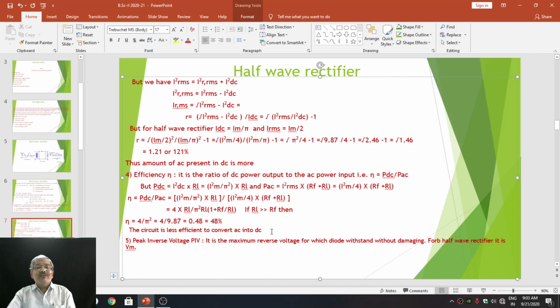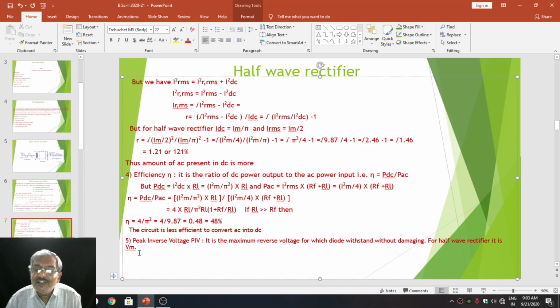Another factor which we are interested to calculate is peak inverse voltage. Peak inverse voltage is the maximum reverse voltage which a diode can withstand without damaging. For half wave rectifier, the peak inverse voltage is Vm.